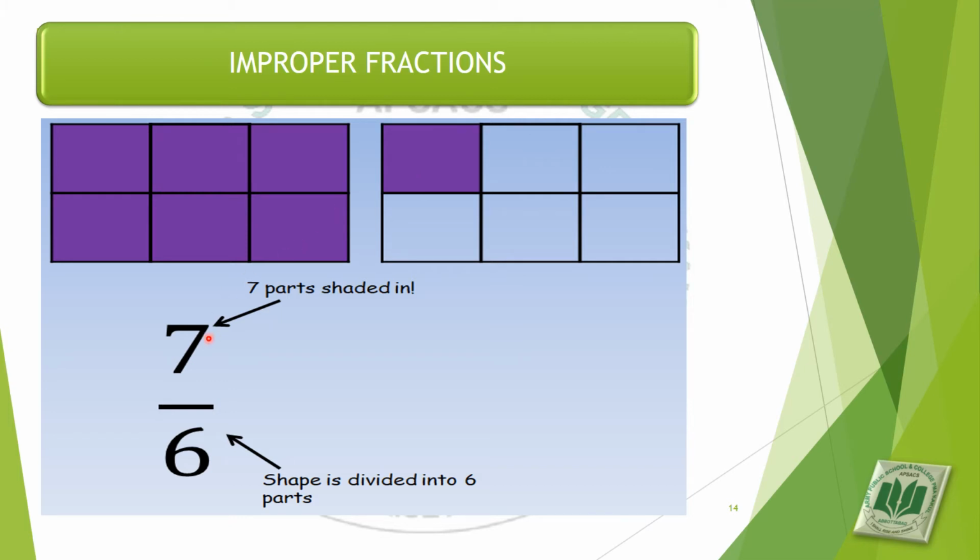So the 7 parts that are shaded, we will write in the numerator. Now what is the denominator here? The denominator will be the number of parts into which the shape is divided, as we have divided into 6 equal parts here. So 6 is the denominator. So 7 by 6, this is our improper fraction.